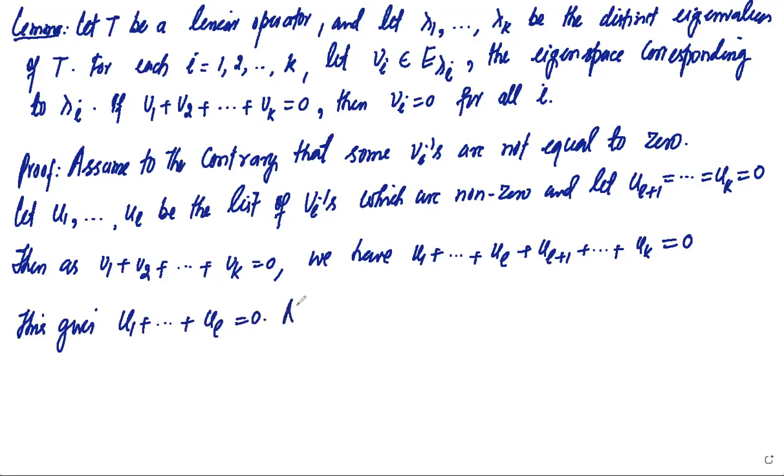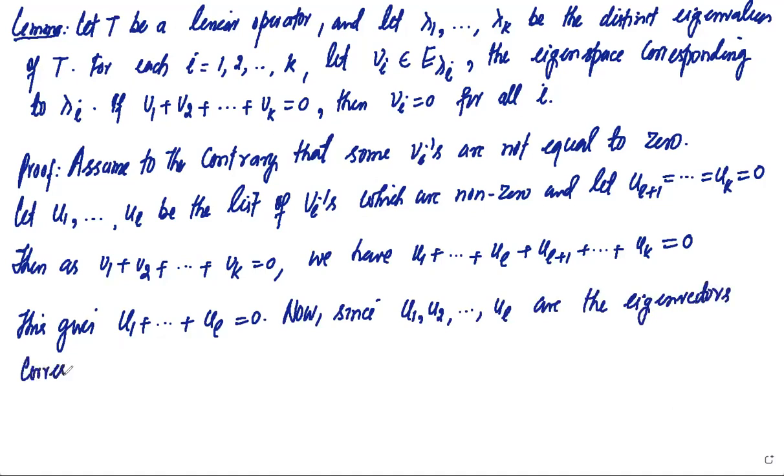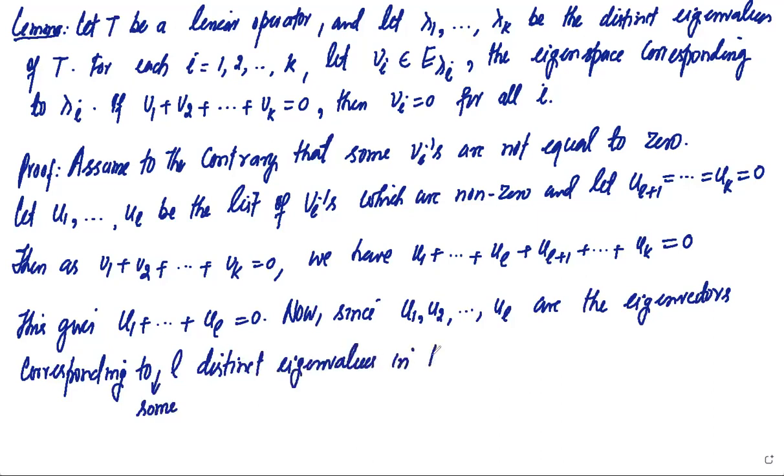But now, u1, u2, up to ul are eigenvectors corresponding to some l distinct eigenvalues in the list lambda 1, lambda 2, up to lambda k.